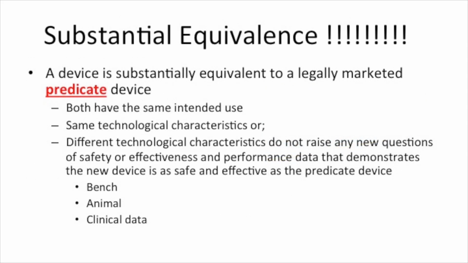Back to predicates, your new regulatory word. Proving you are substantially equivalent means ideally that your device has both the same intended use or medical application and the very same technical characteristics as the predicate. Now, there's some wiggle room provided if this is technically different, but it still requires you to prove it is safe, and typically this will drive you into clinical research.